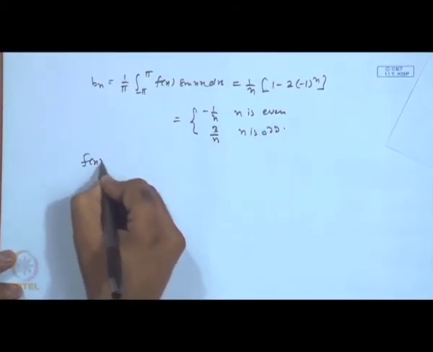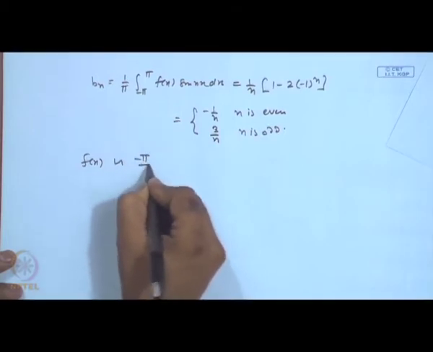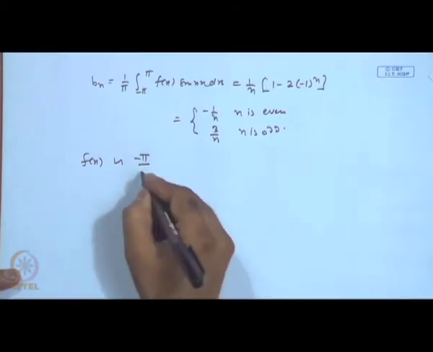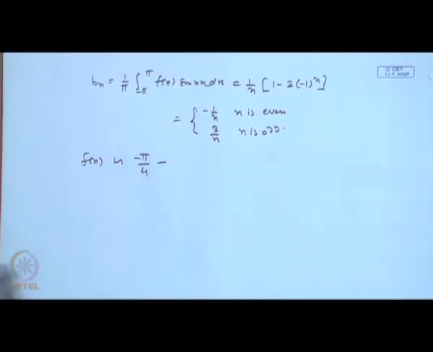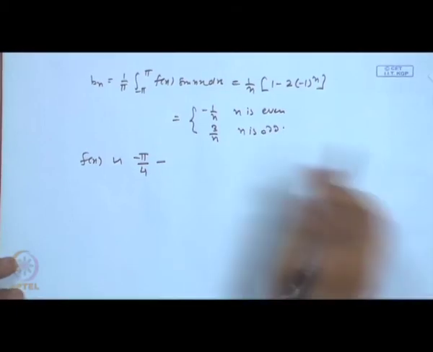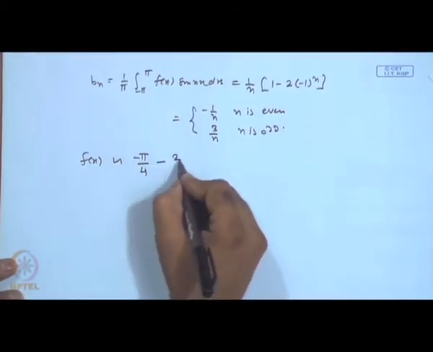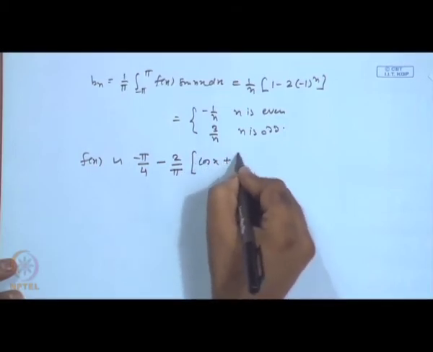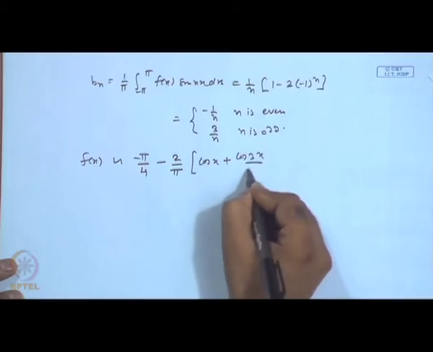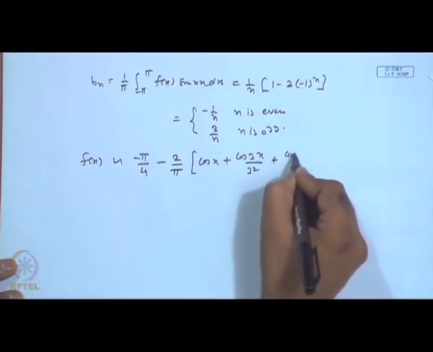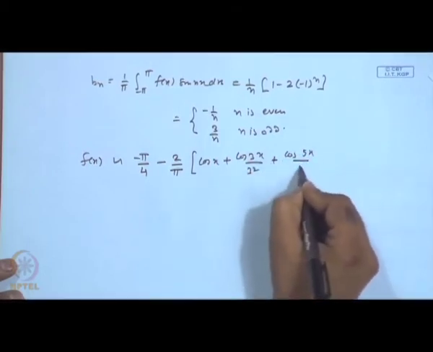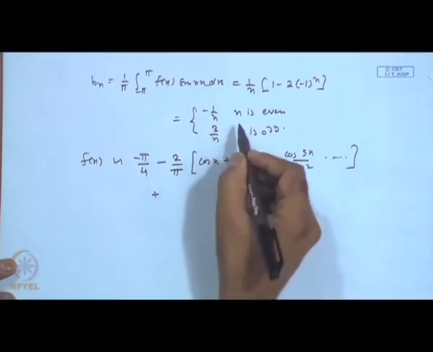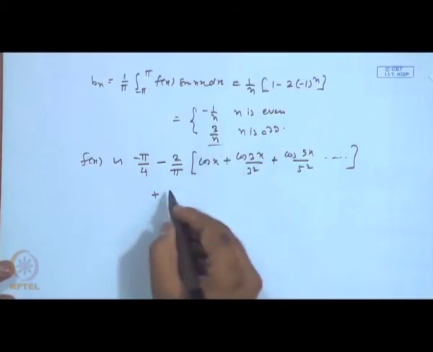So, our Fourier series representation for this function: a 0 by 2, a 0 was minus pi by 2, so we have minus pi by 4, minus, and that is a n and b n. So, we will get finally cos x plus cos 3 x over 3 square plus cos 5 x over 5 square and so on, plus for the sine we will get 3 over, that is b n.